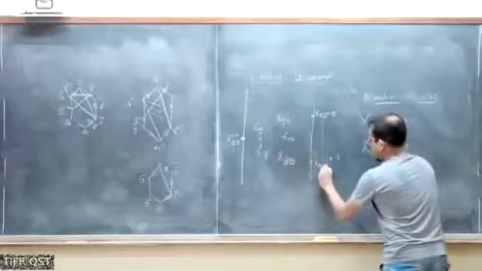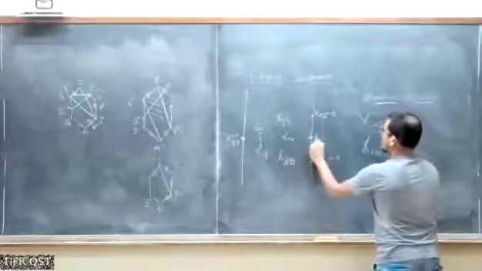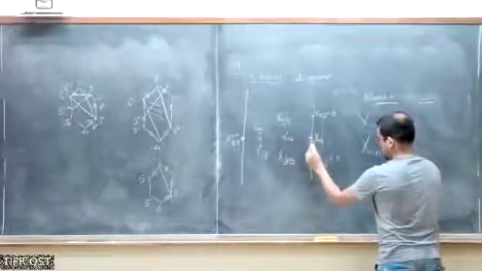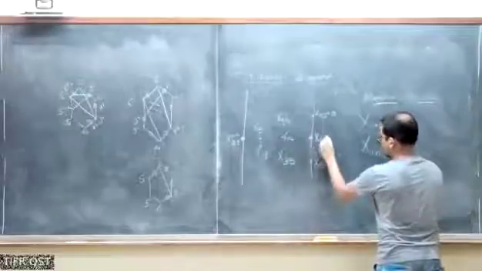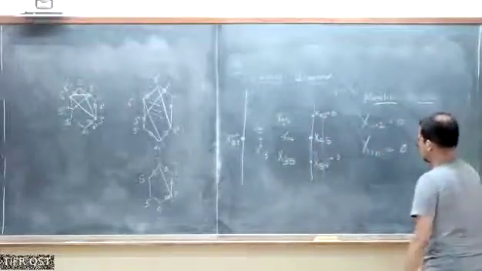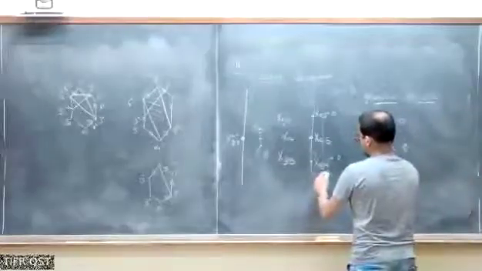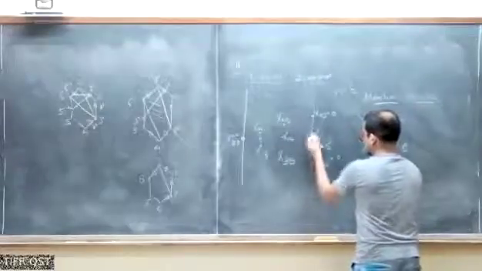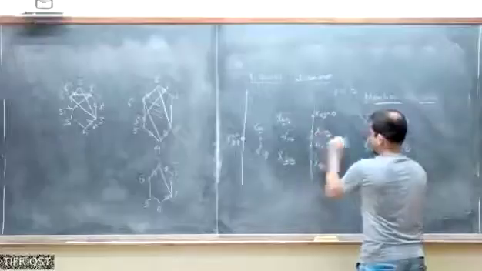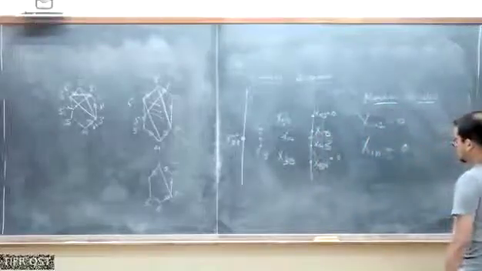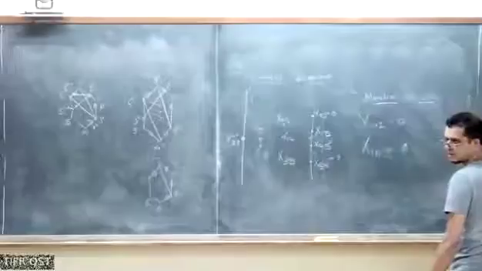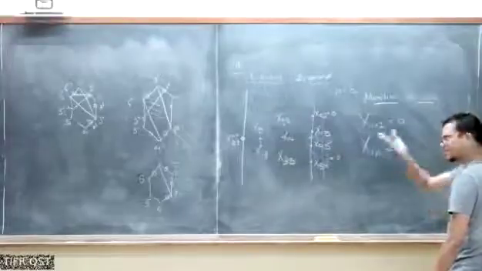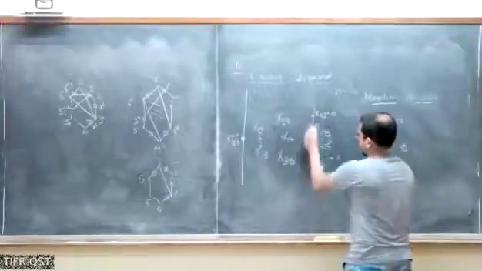Then if I increase by 1 unit, I will get x45, and then x15. There are 5 particles, so 5-1. Yes. And so now I have this.